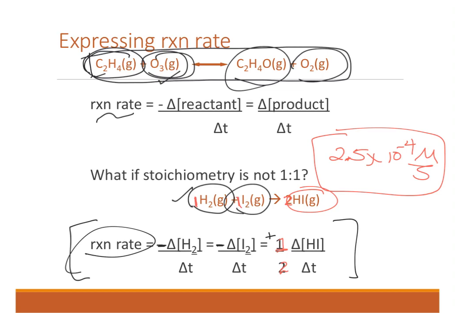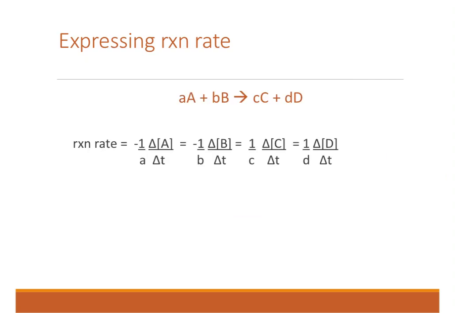However, if a problem asks you to compare the rate of one reactant to another one or to a product, this is what you need to do. The generic formula is as shown. Whatever the coefficient is for the substance, it's 1 over that coefficient in each case. And remember to put a negative sign in front of reactants and a positive sign in front of products.